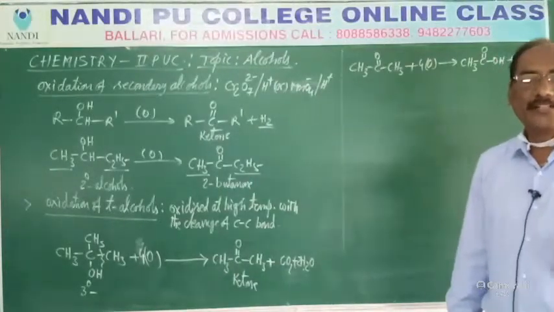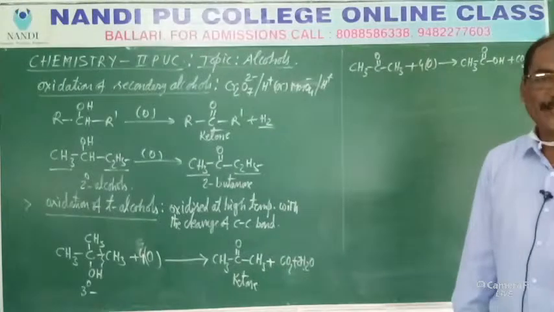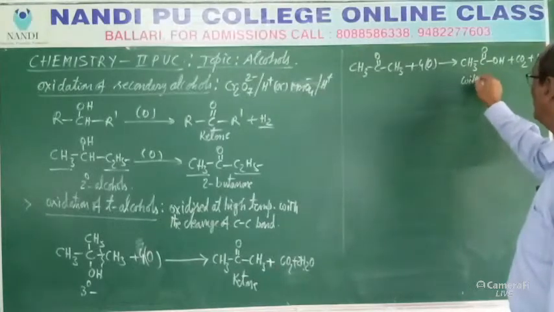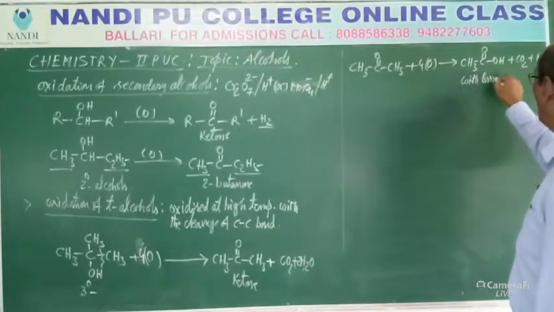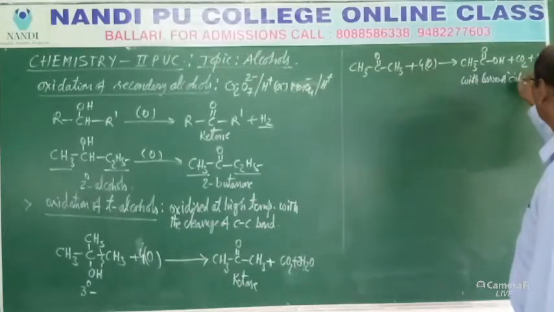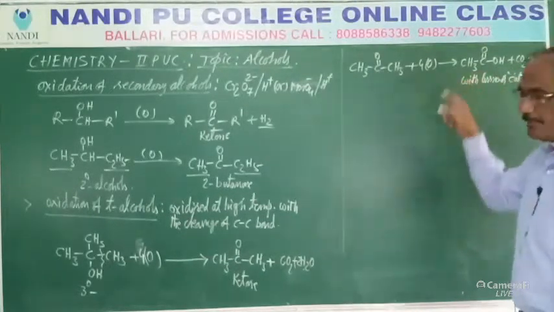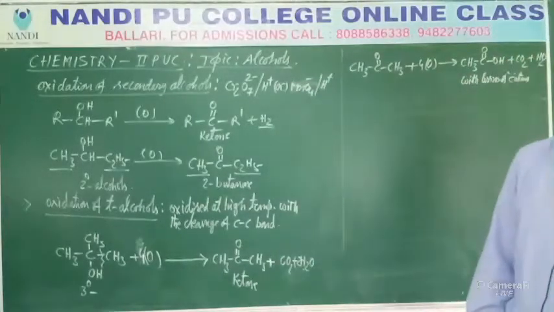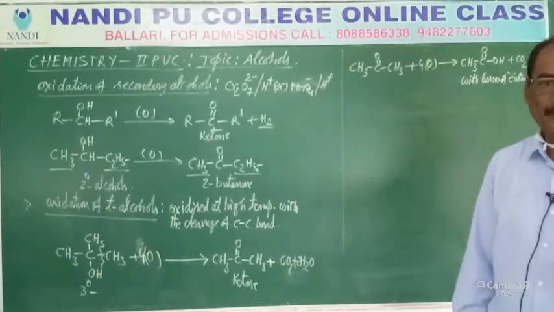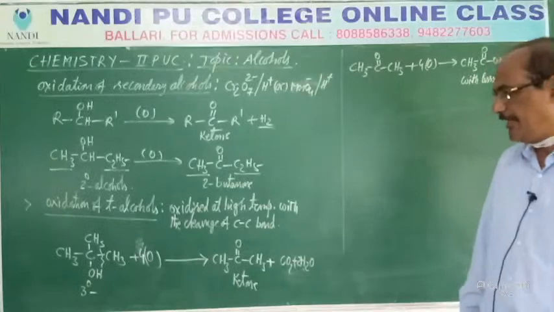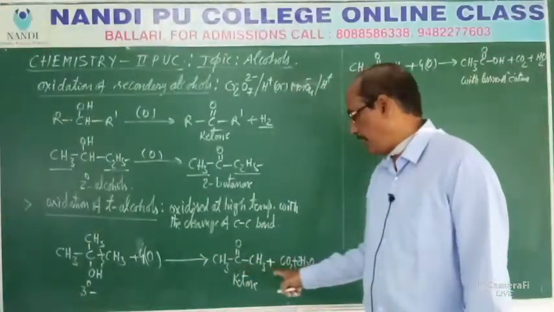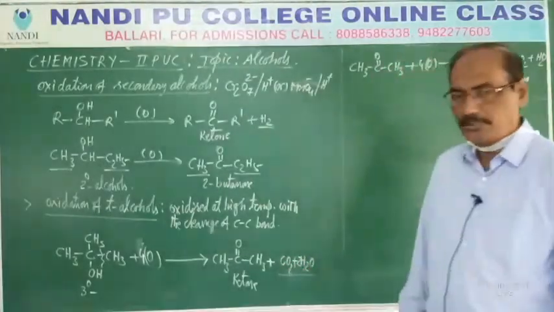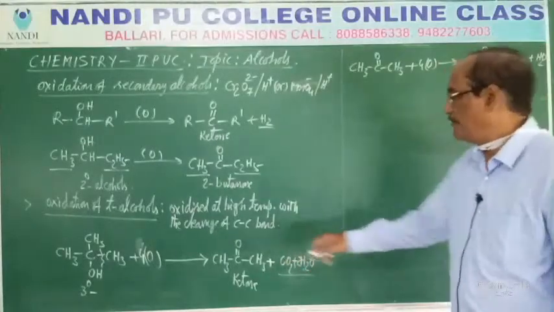The result is a carboxylic acid with less number of carbon atoms. This is very important for objective. Whenever tertiary alcohols undergo oxidation, we get carboxylic acids with less number of carbon atoms. You can see in the first step we got ketone and a carboxylic acid. What is this, CO2 plus H2O? No. This is H2CO3, one acid.